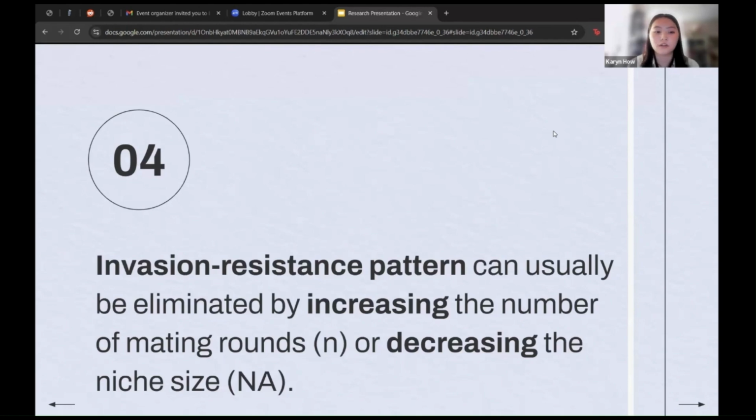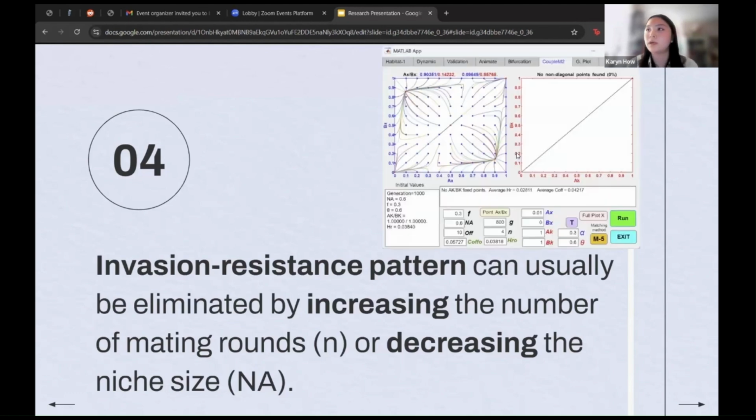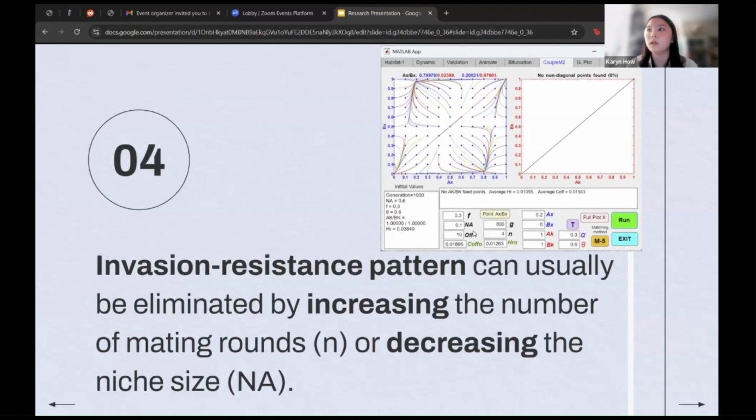Since we just went over mating rounds, I decided the best way to show this is the niche size. So here was what we had earlier from the invasion resistance pattern. If we decrease the niche size from 0.6 to 0.1, there's a slight zone that shows up where the mutant bias allele is able to invade.